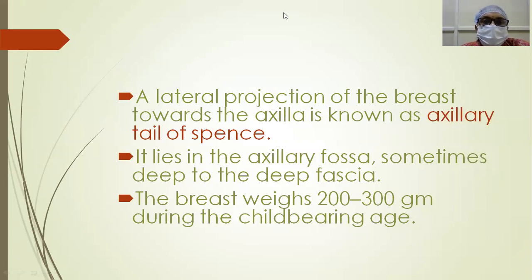A lateral projection of the breast towards the axilla is known as the axillary tail of Spence. It lies in the axillary fossa, sometimes deep to the deep fascia. So, a non-lactating or non-pregnant breast weighs 200 to 300 grams during the childbearing age.